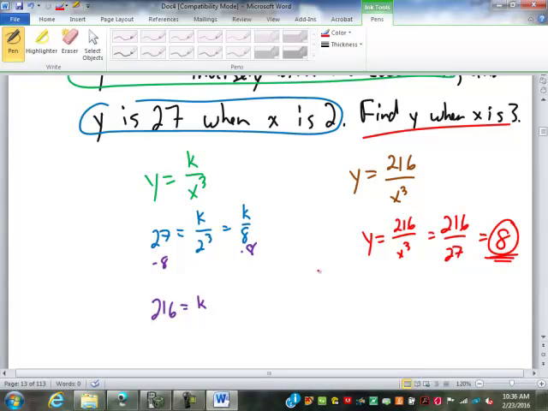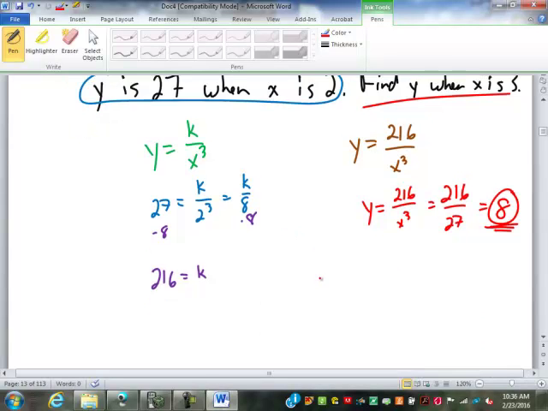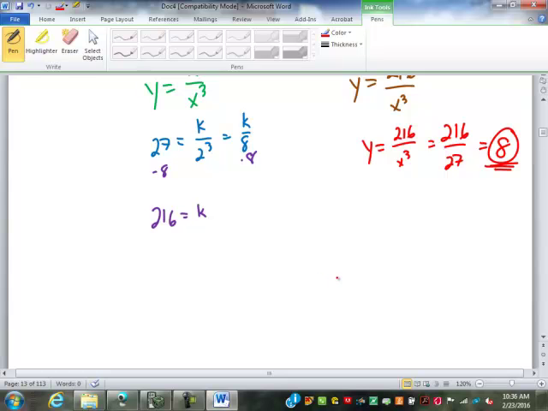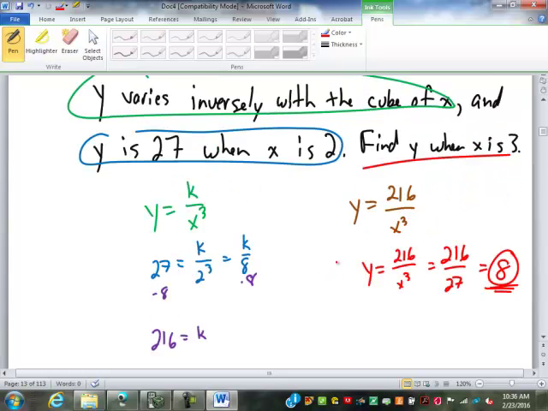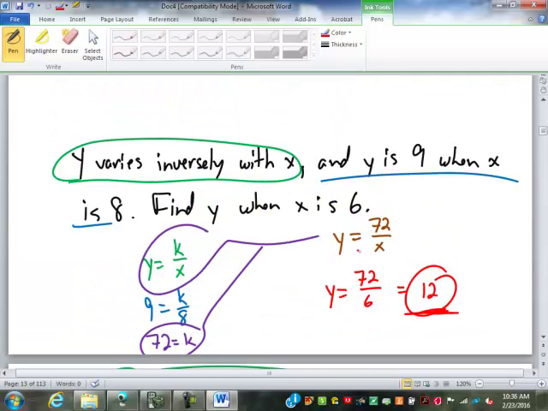So we've talked about our direct variation and our inverse variation. Now, when we look at this inverse variation, just like we do with the direct, there is a shortcut, like this one here. We're given that y is 9 when x is 8. Well, instead of being a constant ratio, inverse variation is a constant product. So y is 9 when x is 8. It's not 9 over 8.